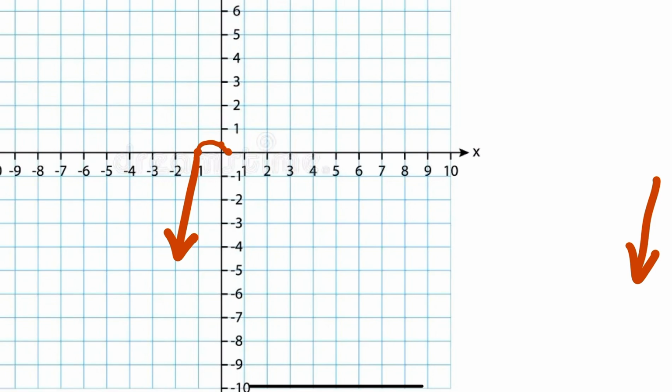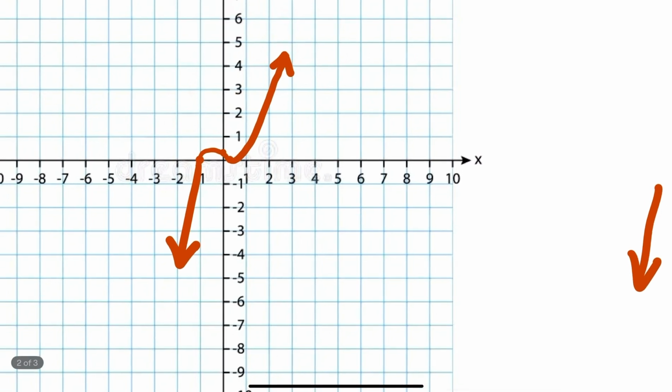Okay? We're going to touch the x-intercept of positive 1/3, but we're not going to go through it because the multiplicity is 2. So we're going to go right back in the other direction. And that is a sketch of our graph.